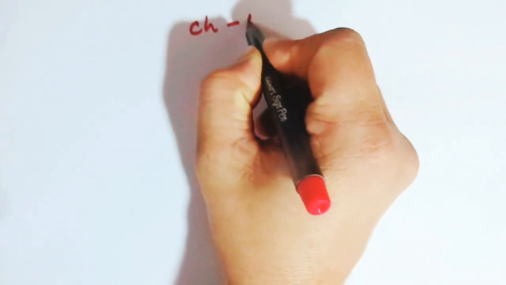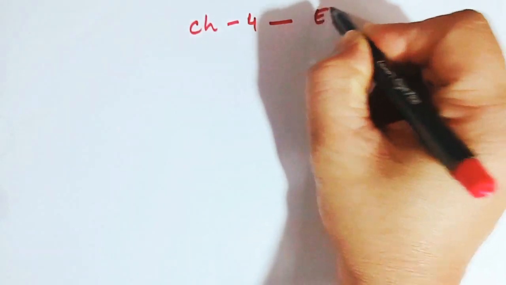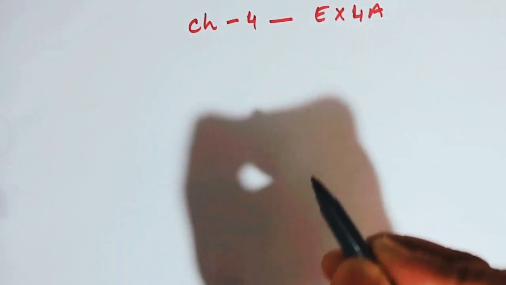Hello everybody. For those people who have seen the previous video of square and square root, I hope this exercise, or chapter 4, exercise 4a, will be much easier than the previous one.